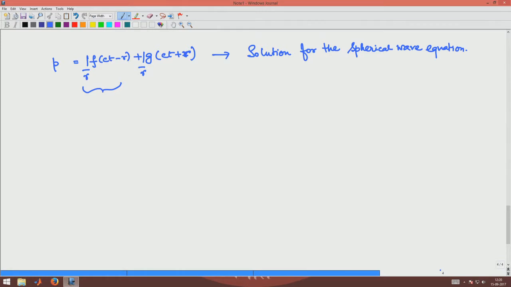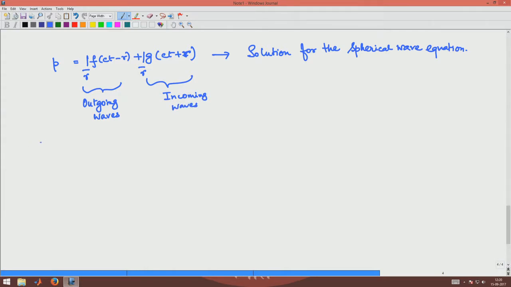Now, here also the same rule applies, except that as the wave goes out or comes in, the amplitude no longer remains constant, but varies in proportion to 1 by r. Firstly, let us observe that this first term is associated with outgoing waves, and the next term is associated with the incoming waves.